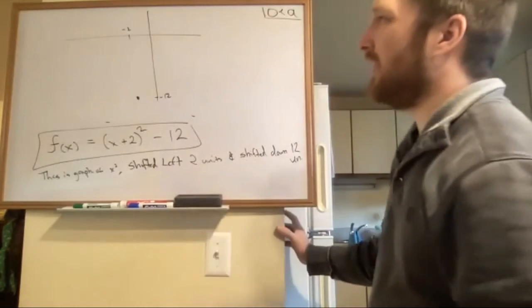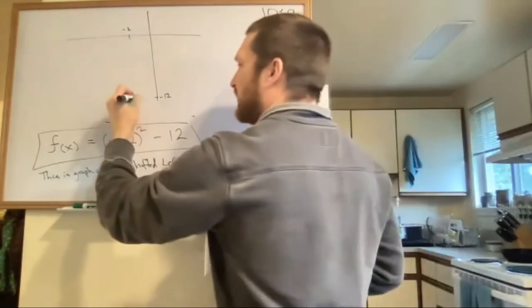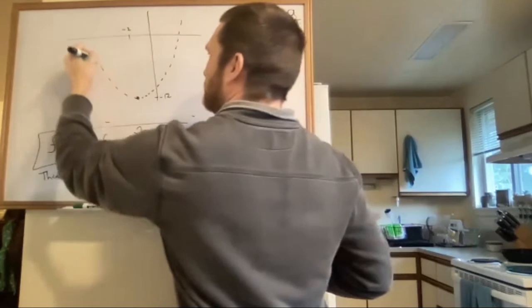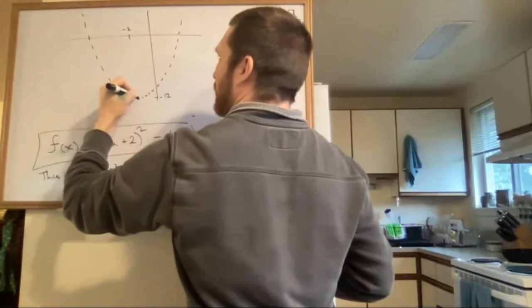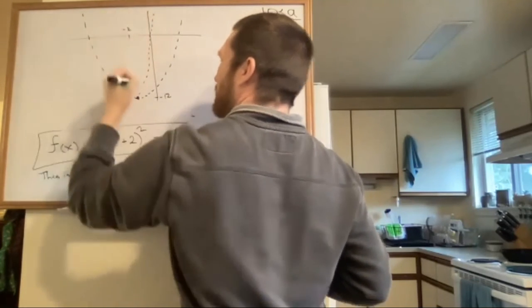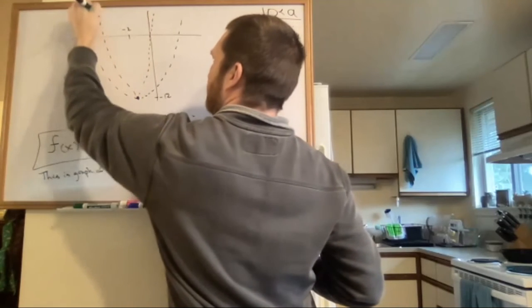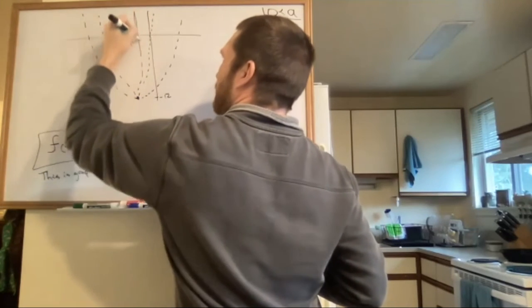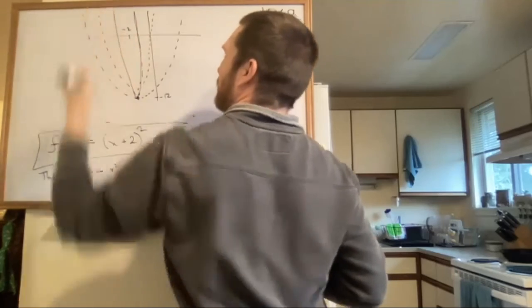Here's the problem. Does it go like this? Does it go actually through the origin? Or does it miss it altogether? Is it really thin like this, to where it doesn't go through at all?